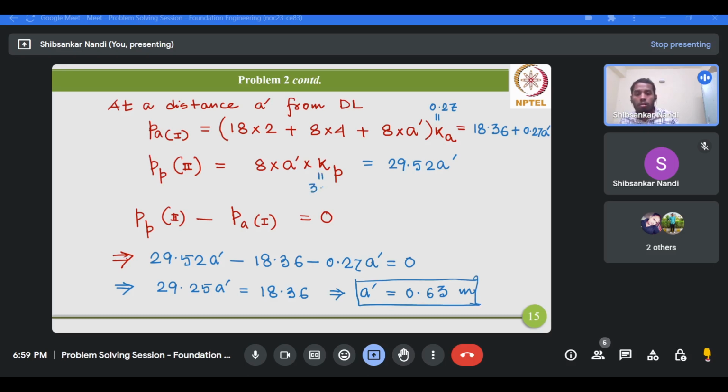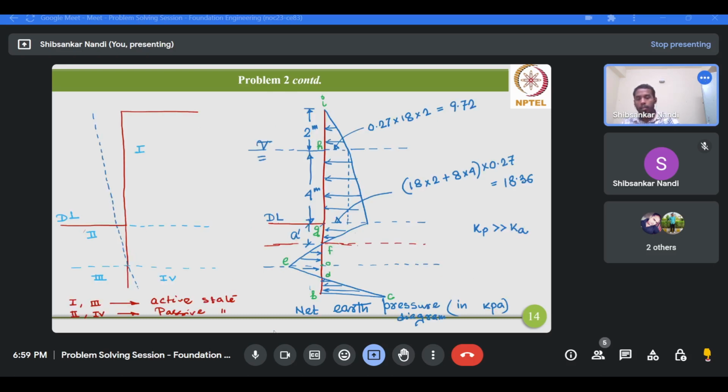This value is 0. In this way, we have determined the location of the point of zero pressure.